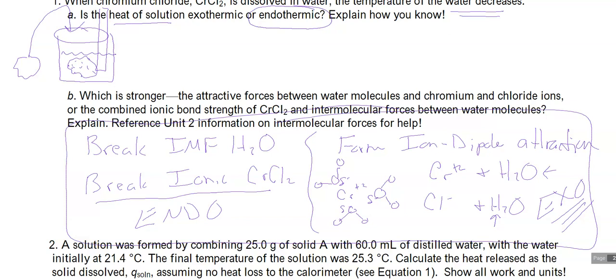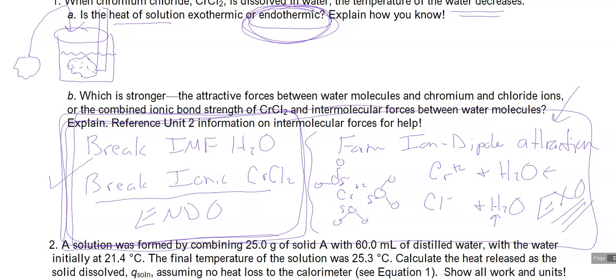That whole process for this example is endothermic. So that's telling you which of these two sides here is going to be the stronger attractive forces. Since the overall process is endothermic, then these attractive forces must be stronger. This is taking a lot of energy to be put in and break those, right? Less energy is given off when the new attractive forces are created.